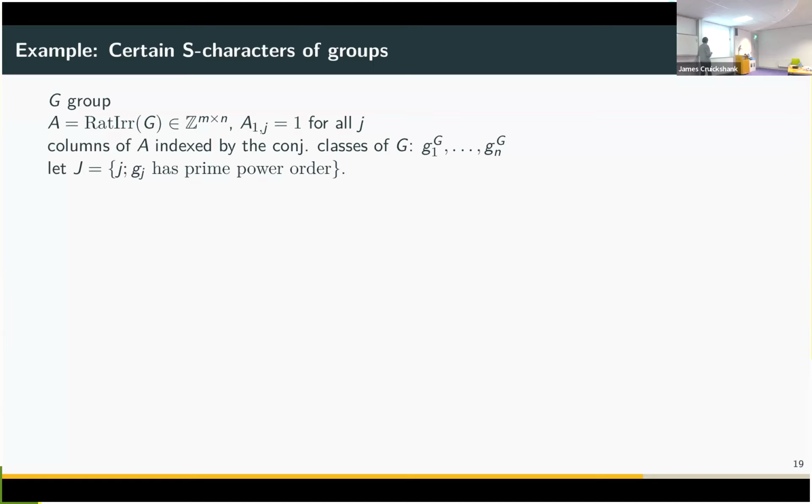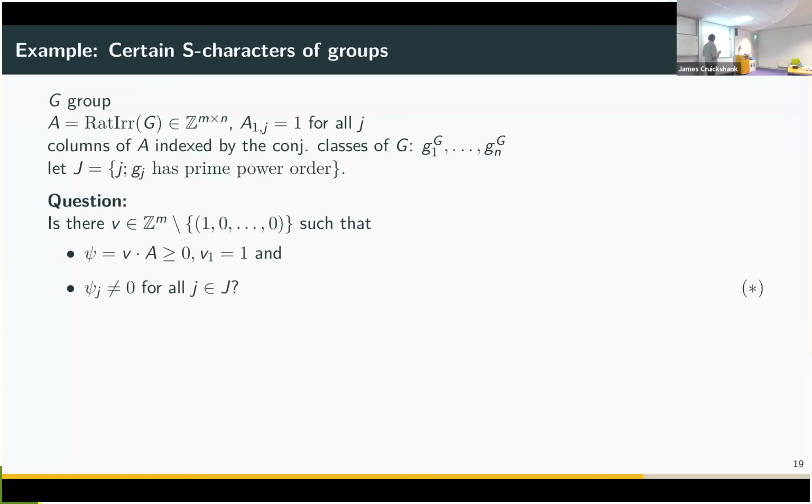It is an integer matrix n by n, and the first row of the matrix is just ones. The columns of the matrix are indexed by the conjugacy classes of G. And then we have a subset of the columns which are indexed by the elements of prime power order in the group. That's our setting. From now on, we need not care about the group. We just focus on this matrix.